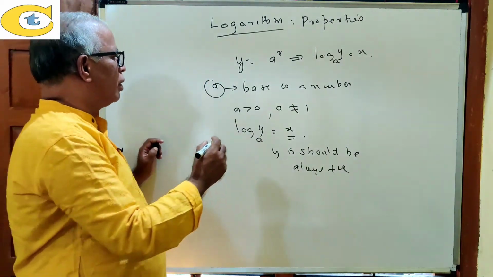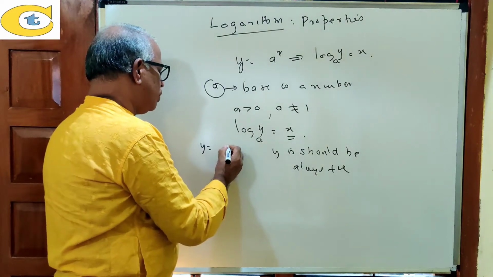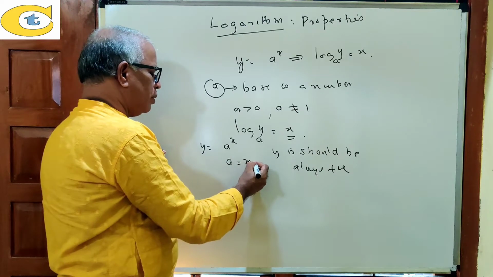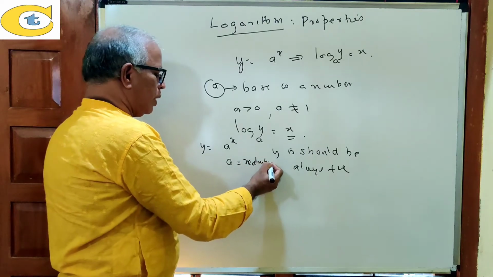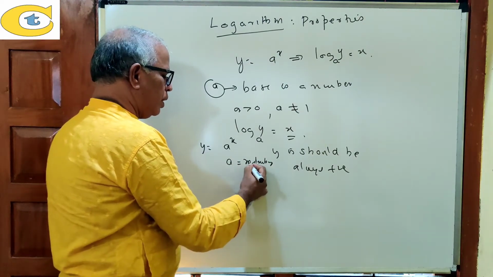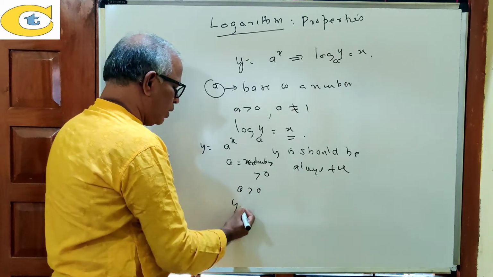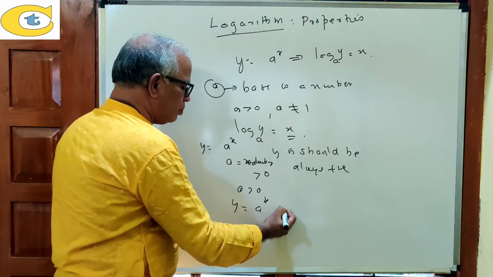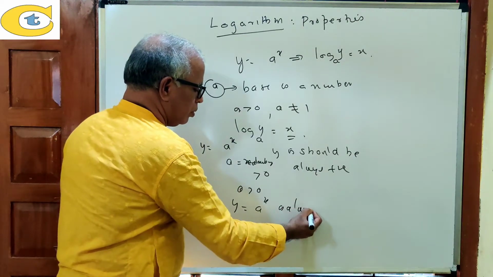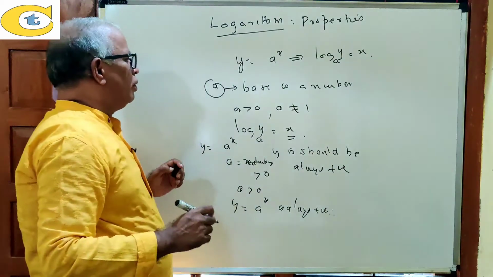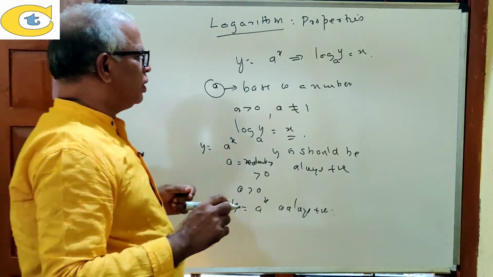Because y is equal to a raised to x, and a is a real number greater than 0. So a raised to x is always positive. Therefore, logarithm exists only for positive numbers.